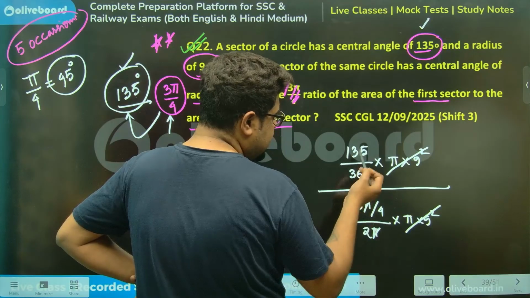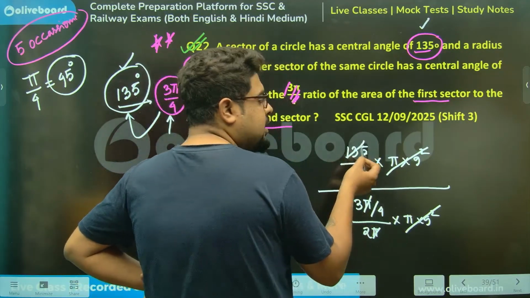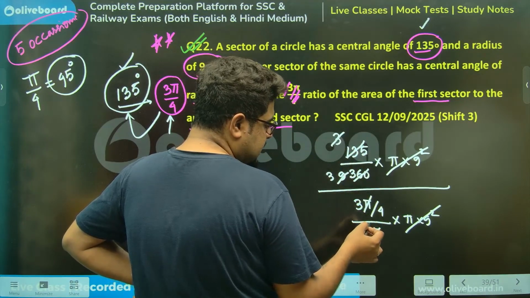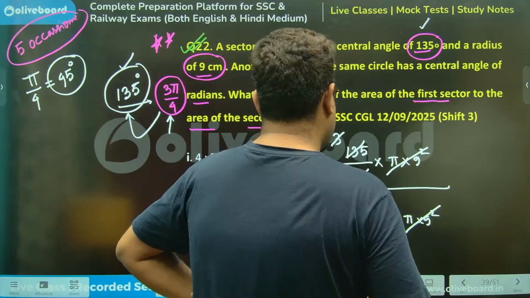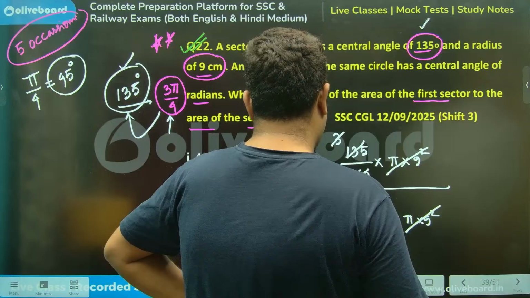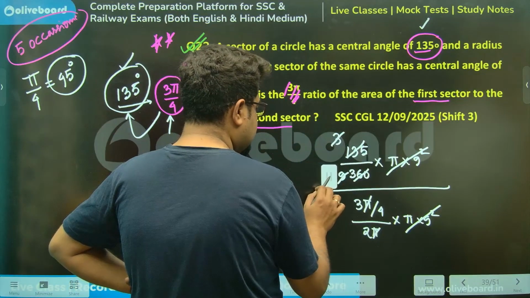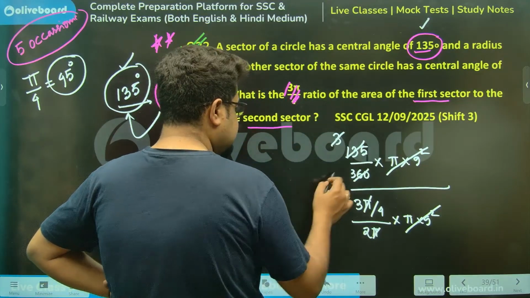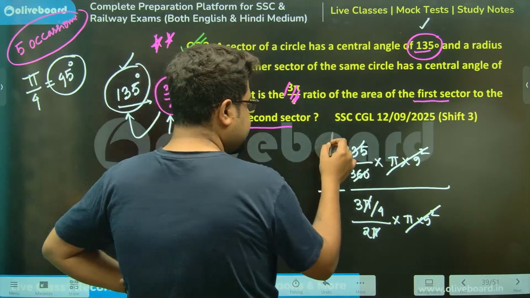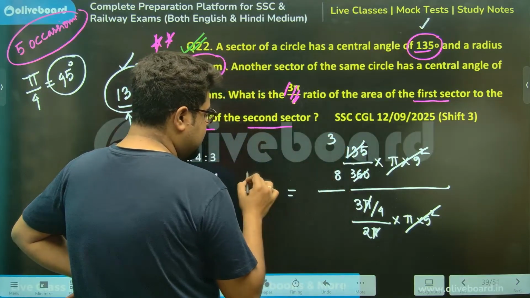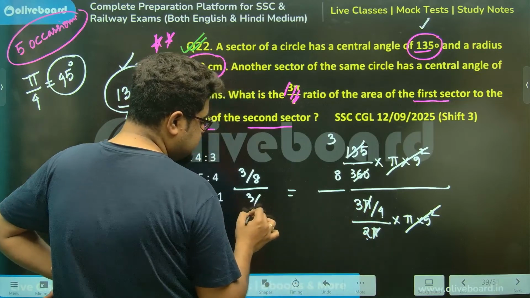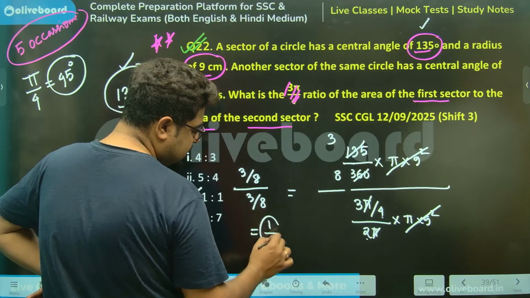Now a little calculation: 45 threes are this, 45 nines are this. So ultimately we get 3 by 8, divided by 3 by 8. So ultimately I'm getting 1 by 1.